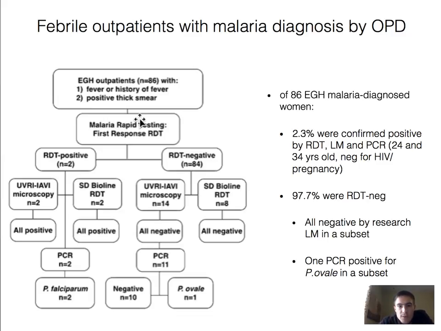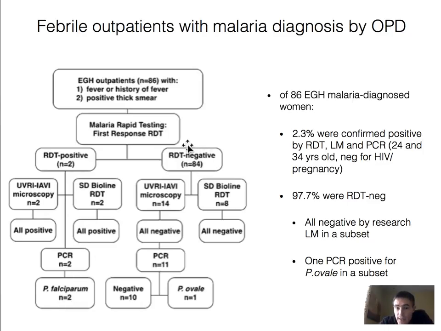To look in more detail at the testing algorithm for women that were diagnosed with malaria at the hospital, there were 86 of them. They were all tested by the malaria rapid test, and only 2 of them turned out to be positive on the rapid test. These 2 women were confirmed as malaria positive by research microscopy and PCR. They had Plasmodium falciparum infection.